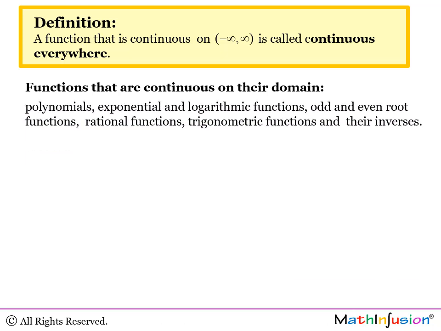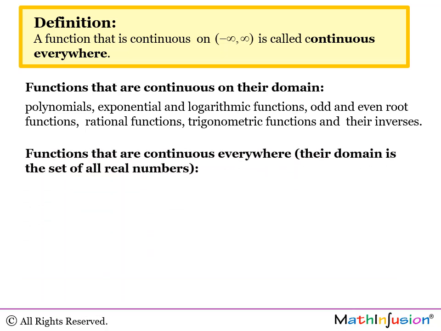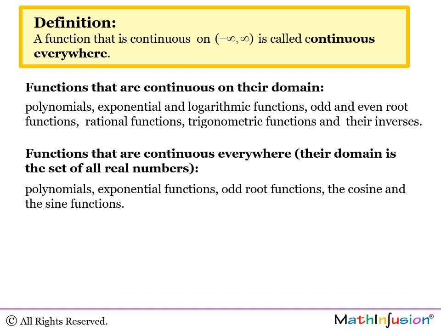For example, polynomial, exponential and logarithmic functions, odd and even root functions, rational functions, trigonometric functions, and their inverses. So here are the functions that are continuous everywhere, and their domain is also the set of all real numbers. Polynomials, exponential function, odd root functions, and the cosine and the sine functions.